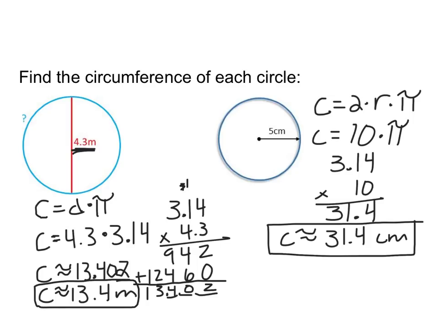So that means that the circumference is about 31.4 centimeters. One of the trickiest parts about these is remembering whether you need to multiply by 2 first before you multiply by pi. So remember, you just always want the diameter times pi. So if you're given the radius, you have to multiply it by 2 first.